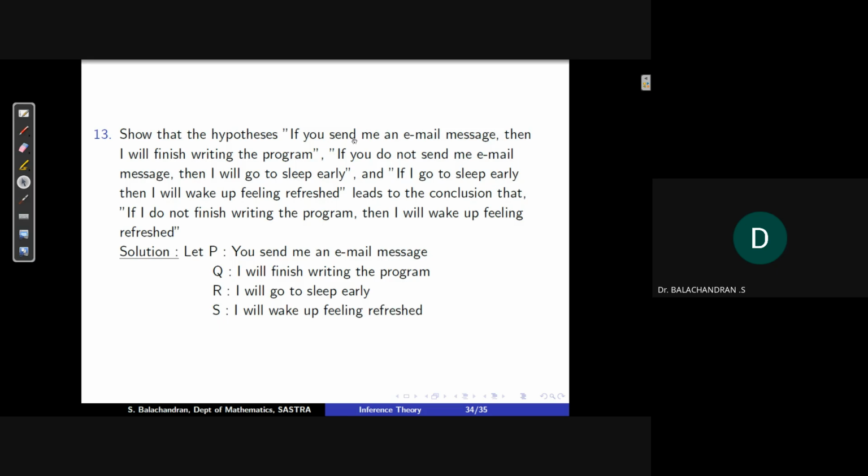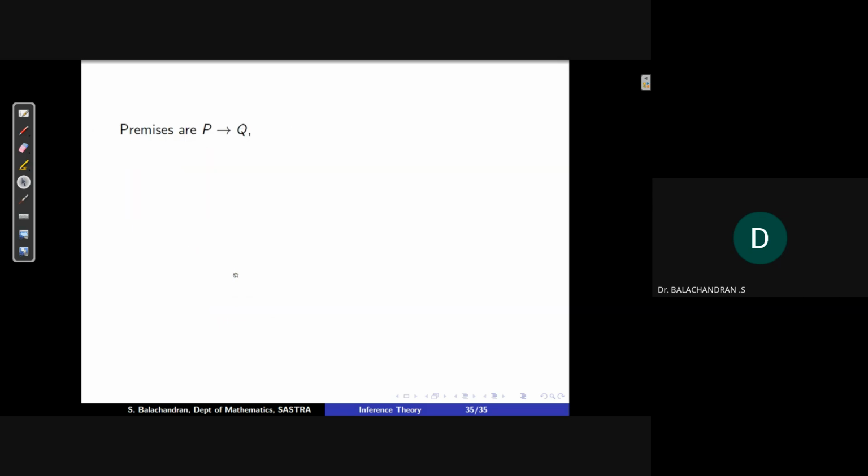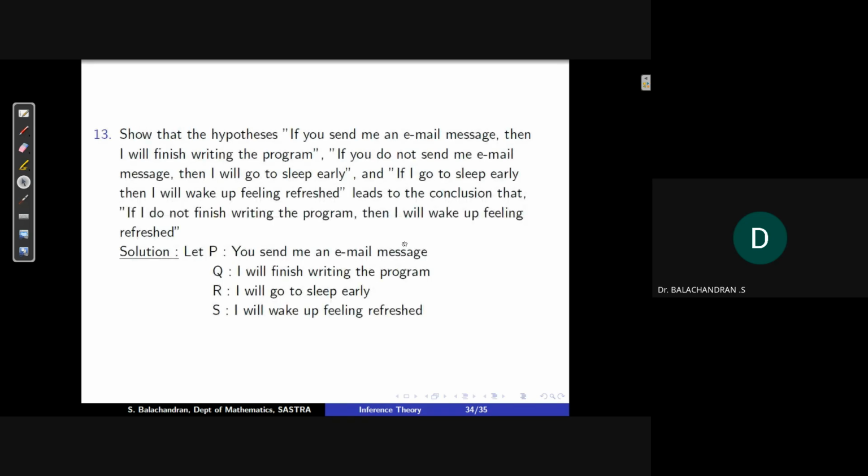Now, first one, if you send me an email, that means P implies Q. That is the first one. Second one, if you do not send me an email, means negation P implies R, I'll go to sleep.